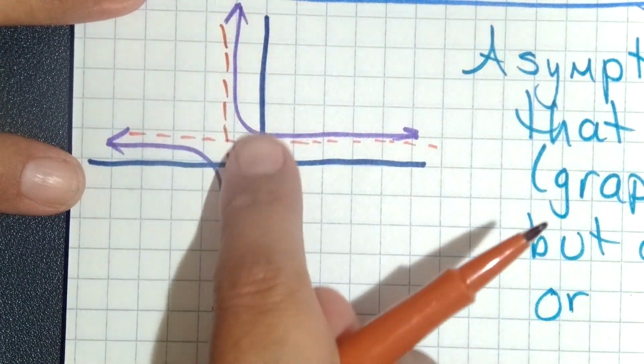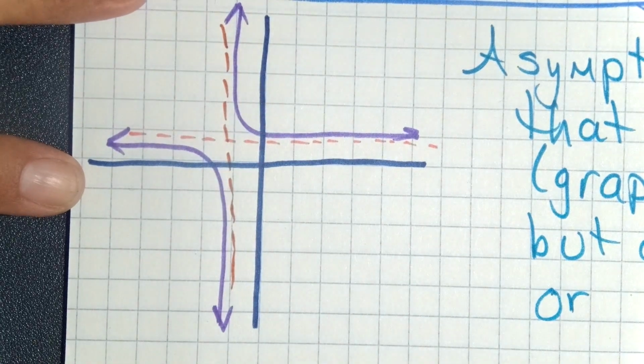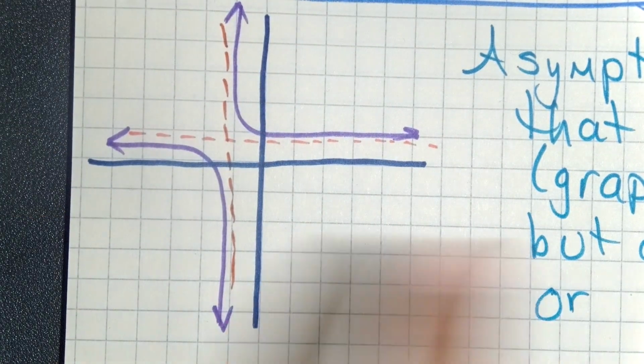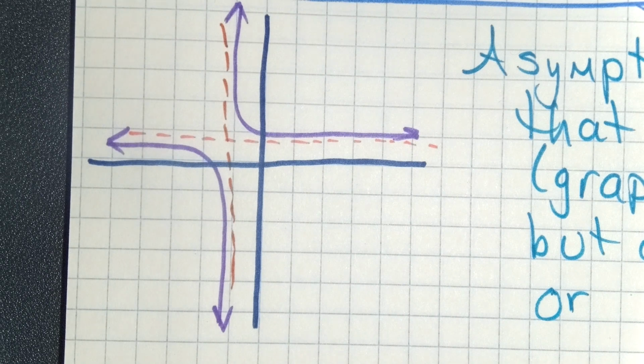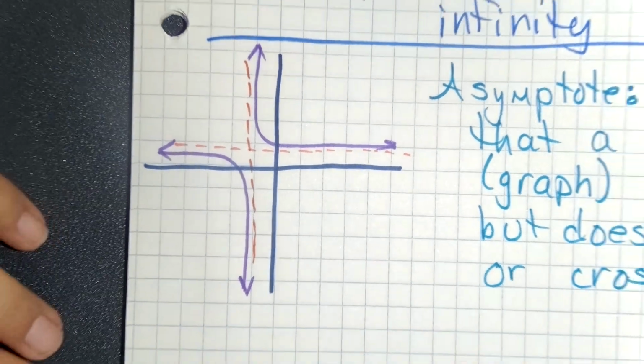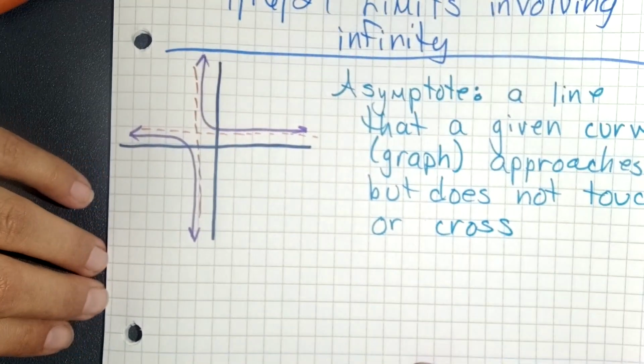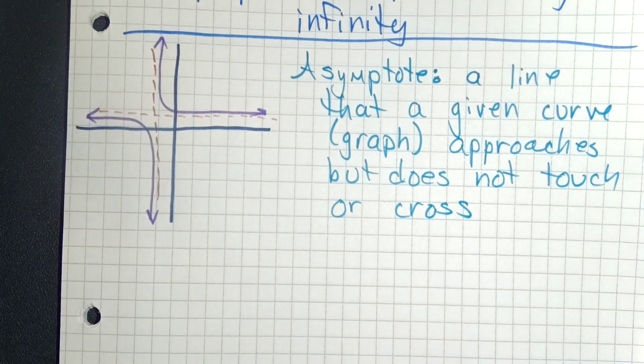Okay? These two things are called asymptotes. In general, an asymptote is a line or lines that your curve gets closer to. So these are what we're going to use to do limits to infinity.